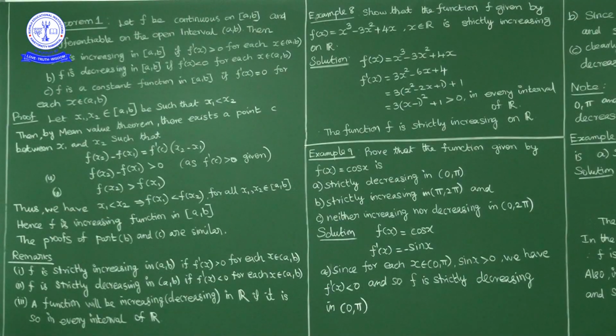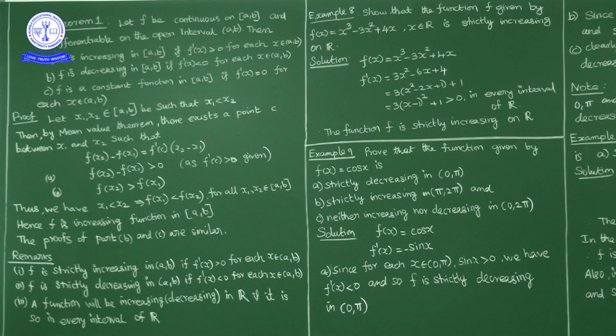Okay. Next, the next theorem: let f be a continuous function on the closed interval [a, b] and differentiable on the open interval (a, b). Then f is an increasing function on the closed interval [a, b] if f dash of x is greater than 0 for every x belonging to the open interval (a, b).